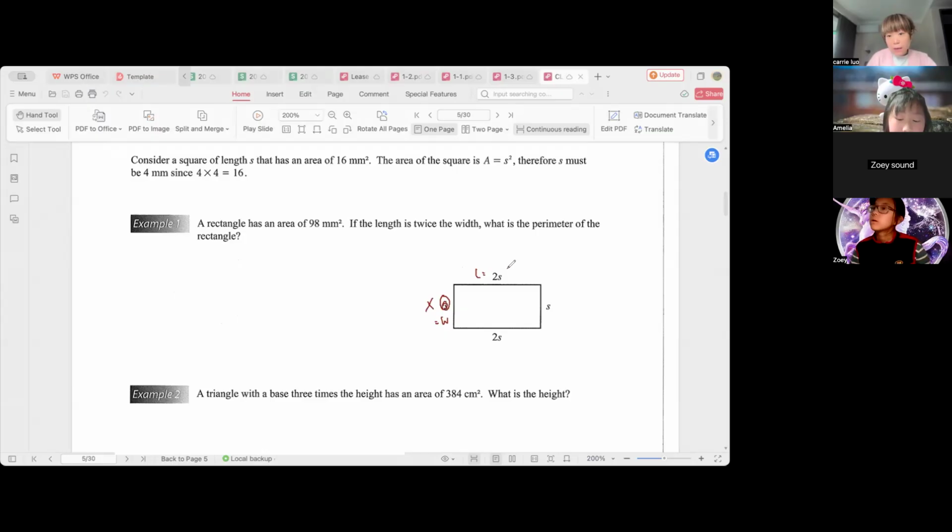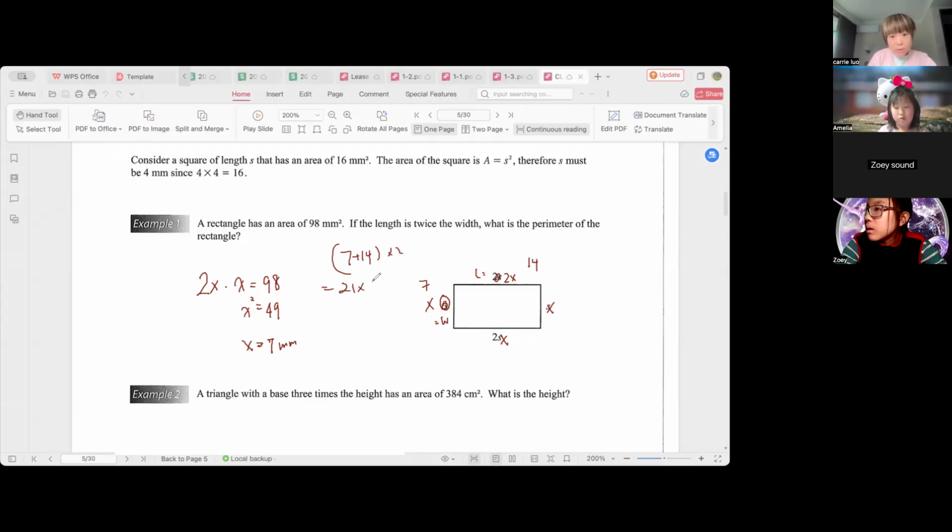You can also use X and 2X instead, it doesn't matter, it's just a variable. We know 2X times X equals 98, right? So that means X squared equals 49. So X equals 7 millimeters. So what is the perimeter of the rectangle? Like Amelia said, it's 7 and 14. So it's 7 plus 14, times 2, equals 21 times 2 equals 42 millimeters. Get it?